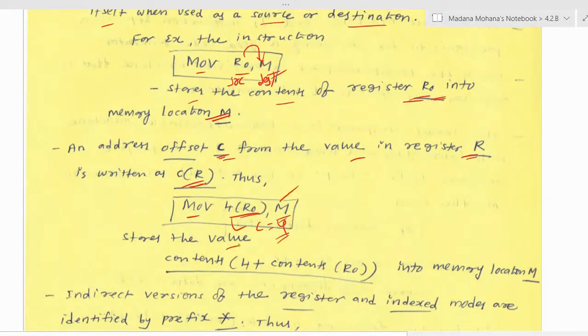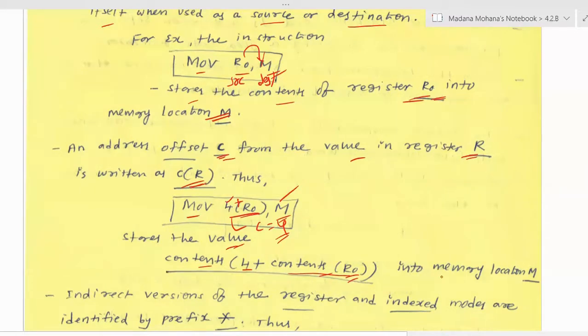Which stores the value here? You can see contents of 4 plus contents of R0. First it takes 4 plus contents of R0. In the above direct addressing mode we used, c(R) means c plus contents of whatever register is used.